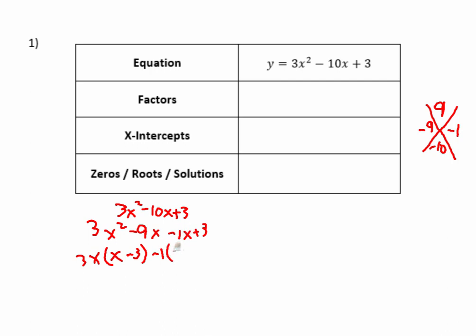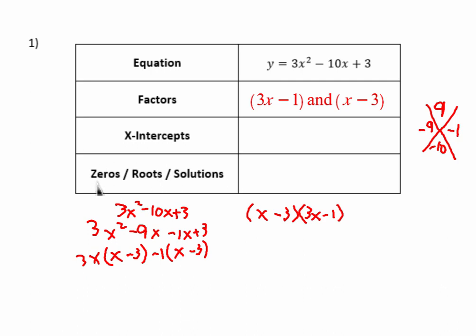Negative 1x divided by negative 1 is just x, and 3 divided by negative 1 is minus 3. So this factors out to give me x minus 3 inside my parentheses, and outside my parentheses, 3x minus 1. So the factors of this equation end up being 3x minus 1 and x minus 3.